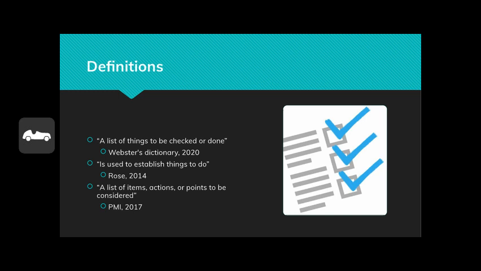So going in for the definitions, Webster's dictionary states that a checklist is a list of things to be checked or done. Rose, one of the books used in this 613 class, states that a checklist is used to establish things to do. And then PMI, our PMBOK guide, states that a checklist is a list of items, actions, or points to be considered.